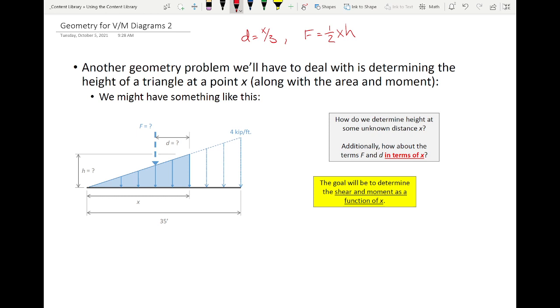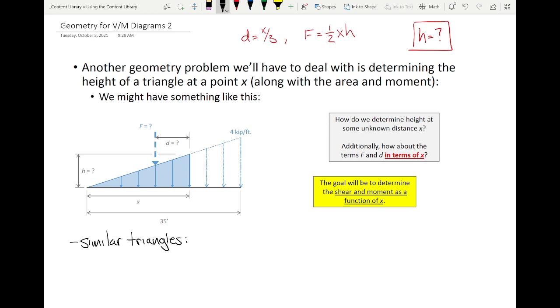So what I'm trying to figure out in this problem now is what is h? And this is where the geometry part comes into play. So how do I determine what h is? I propose that the easiest way is to use similar triangles.